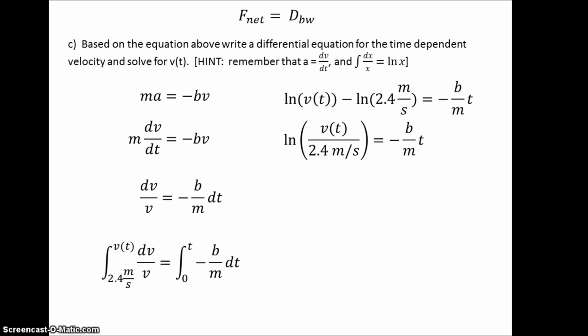Property of logs would be natural log of v of t over 2.4 meters per second. I'm going to exponentiate both sides, and I get v of t over 2.4 meters per second equals e raised to the negative b over m times t. Then multiply both sides by 2.4 meters per second. So that's the velocity equation. It's an exponential.